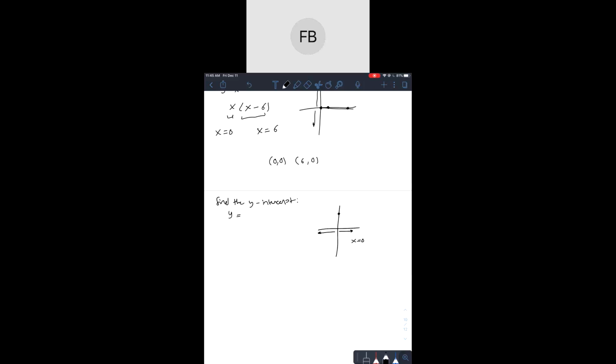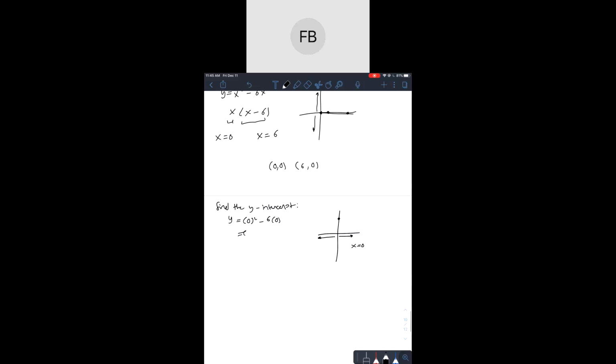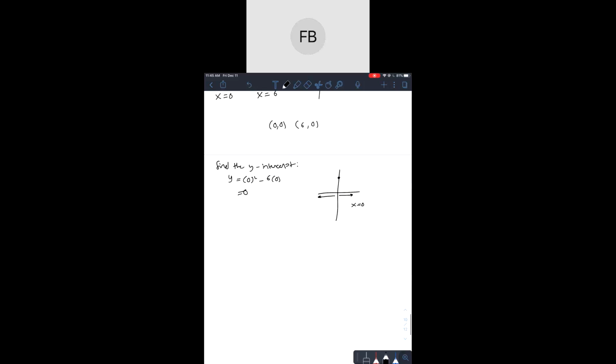So this is 0 squared minus 6 times 0, which is just 0. So the y-intercept is 0, 0. We found that y is 0, but for x, it's obvious from the fact that it's a y-intercept that it's going to be 0.